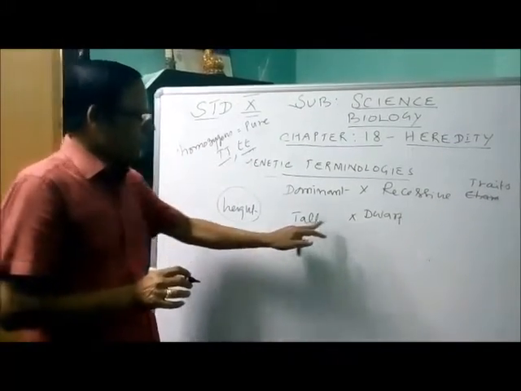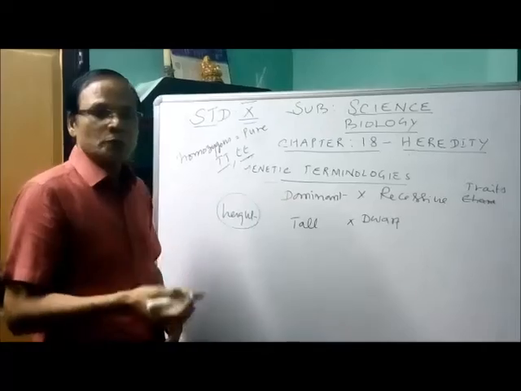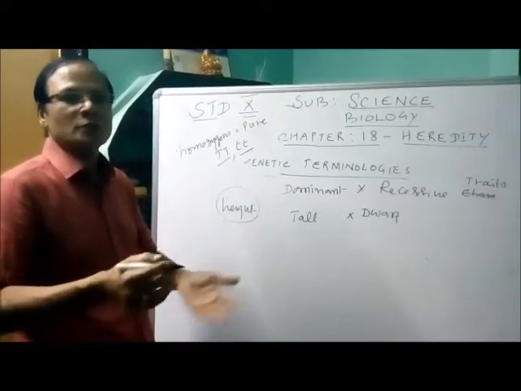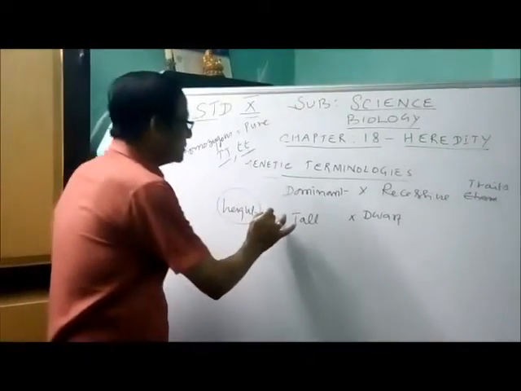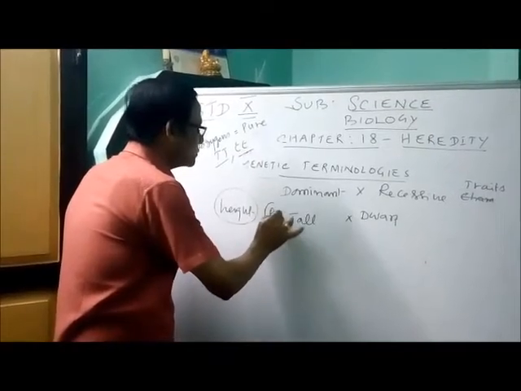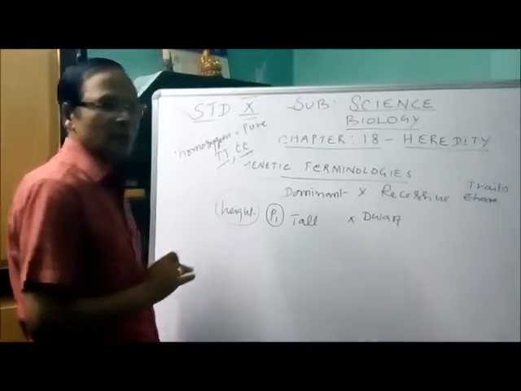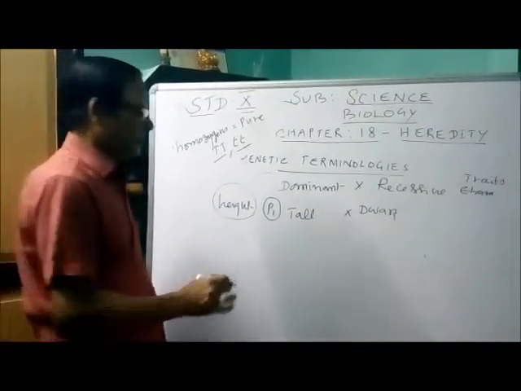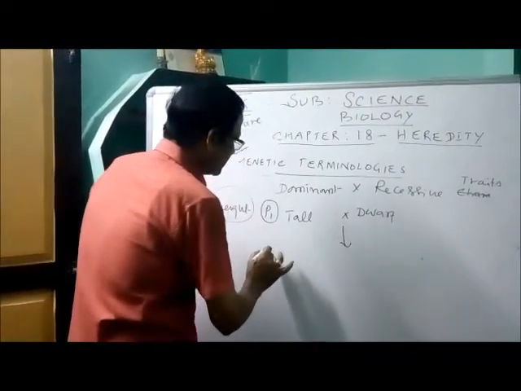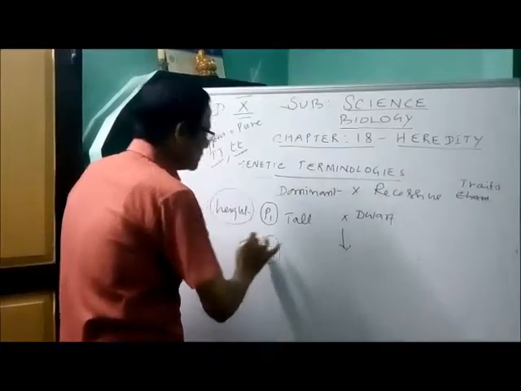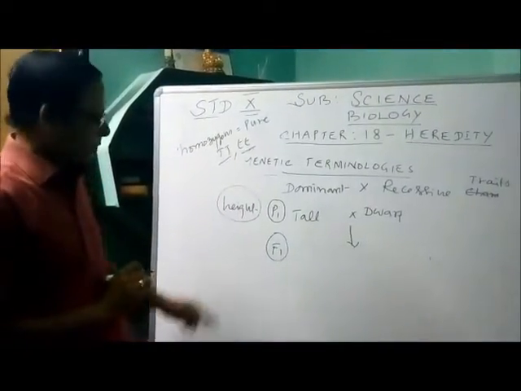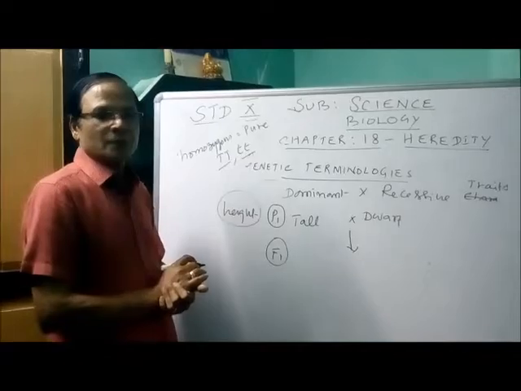When two pure breeding varieties are crossed, these are called the parental varieties. I am using the letter P1 because these two are taken as the parents to begin the experiment. Now, the next generation is called the F1 generation.